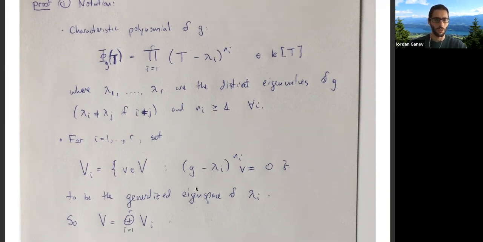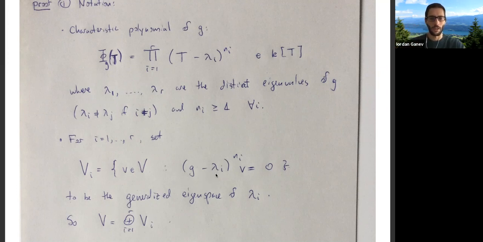I also want to introduce some notation here. For each of these distinct eigenvalues lambda i, we have a generalized eigenspace of lambda i. What is this? Well, this is the vanishing subspace of the endomorphism G minus lambda sub i to the n sub i. Really by this, I mean lambda sub i times the identity endomorphism of V, but I'm going to suppress that notation, and I think this is clear.